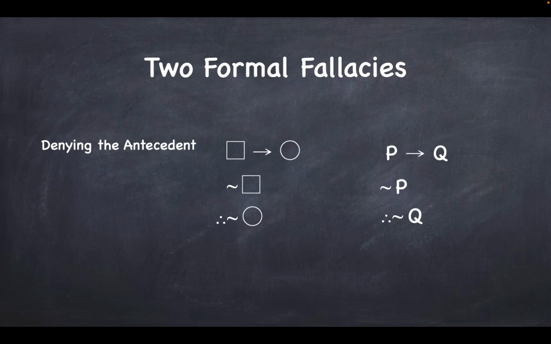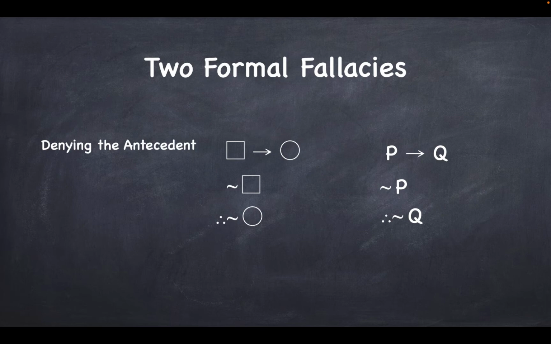It's this kind of illusion of validity. So it starts the same, if box then circle, and then instead of being given not circle, you might have not box, or it's not the case that the antecedent is true on a line. And the temptation is to conclude, well, therefore not circle, because if the thing before the arrow isn't there, then the thing after the arrow can't be there either.